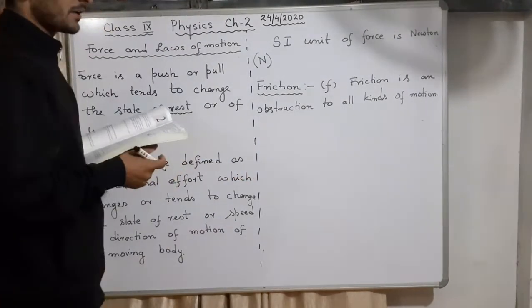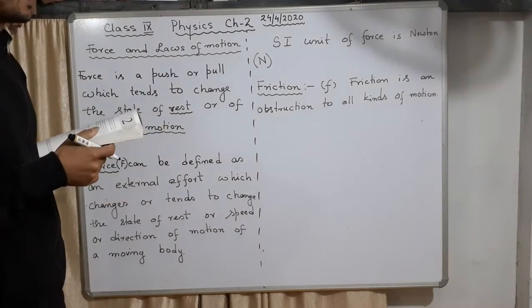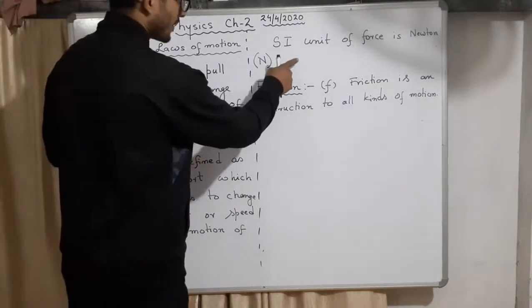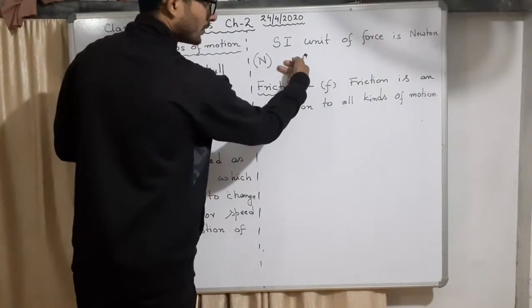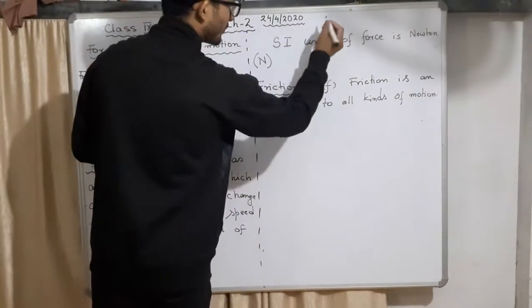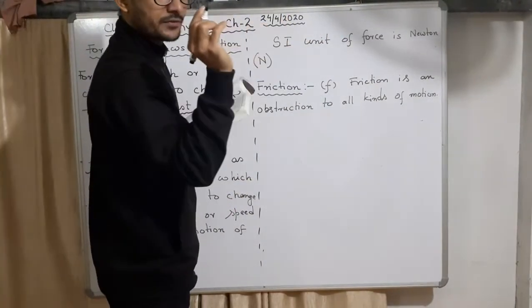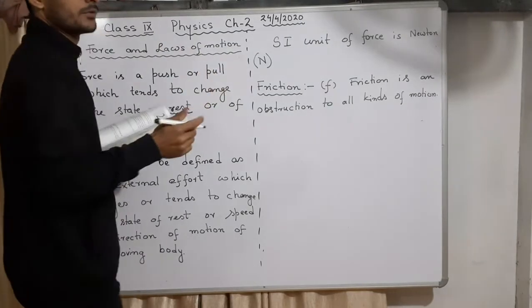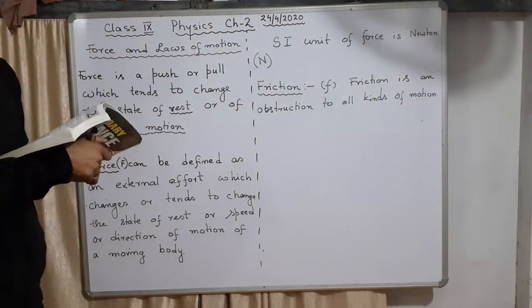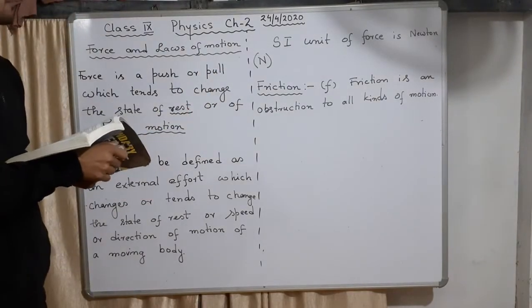In fact, friction is very important for having all these things done. Whenever we walk, if there is no friction, we will fall. We cannot write if there is no friction between the tip of this marker and the board. So friction is very important in everything that is happening around us.